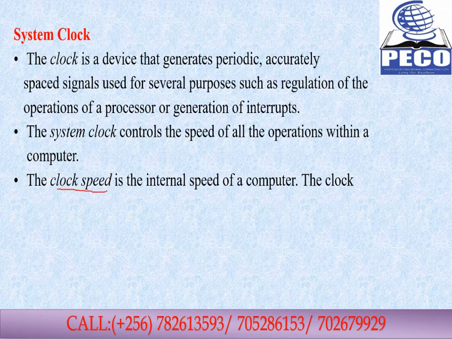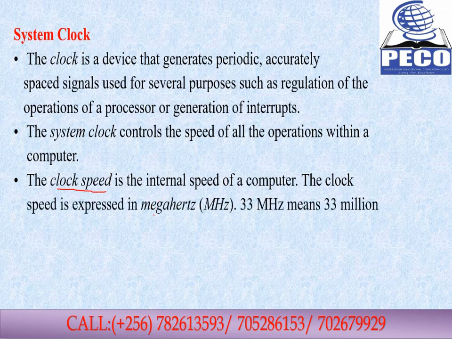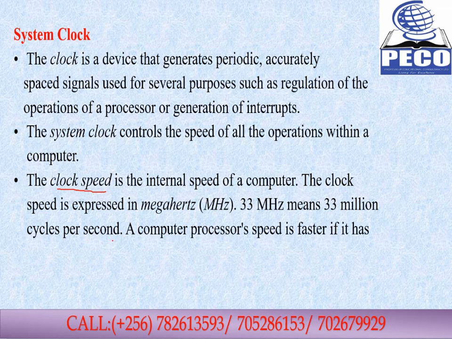Clock speed is expressed in megahertz, for example 33 megahertz means 33 million cycles per second. But it can also be in gigahertz, for a computer which operates at a very high speed.